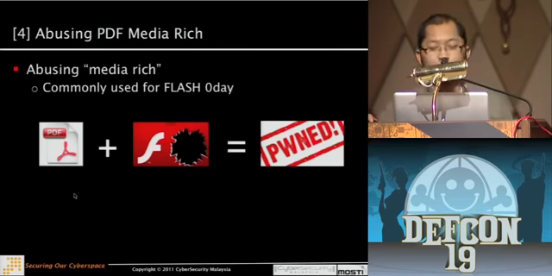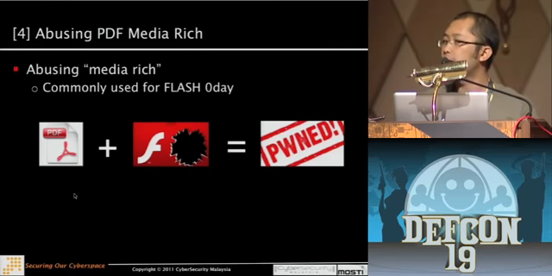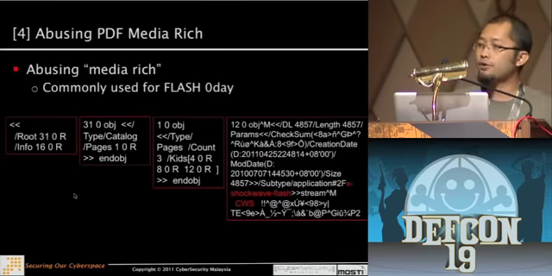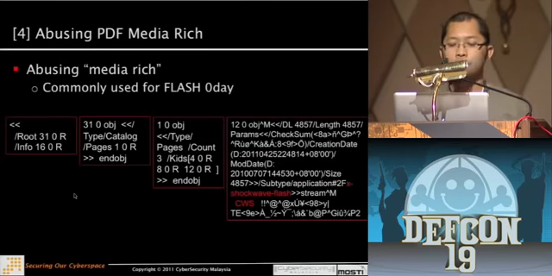So you have a normal, good-looking PDF. It's not malformed, but you have bugs in Adobe and Flash. How does it look within your PDF structures? For example, you start with /Root again.